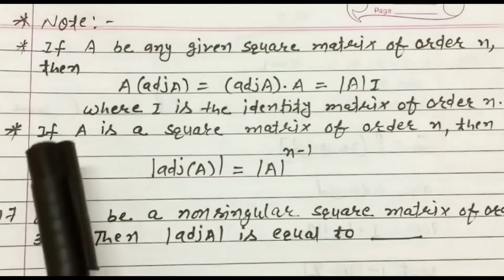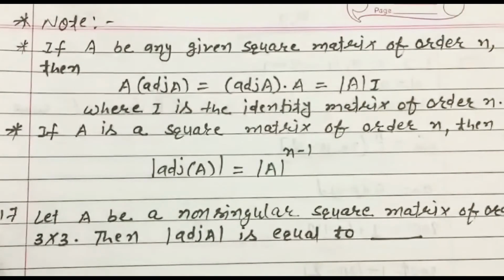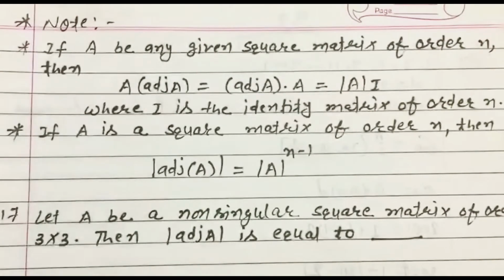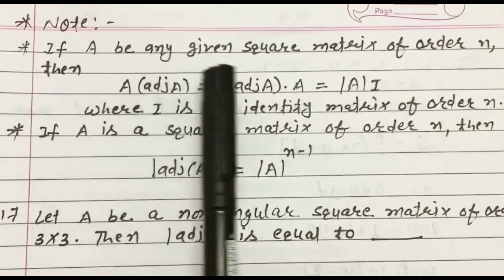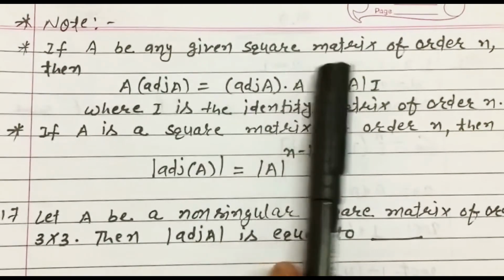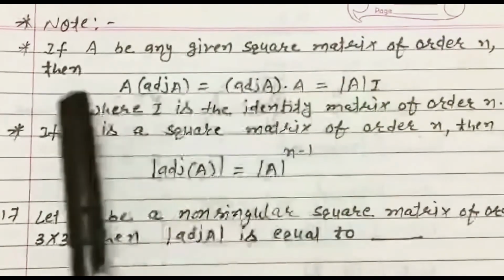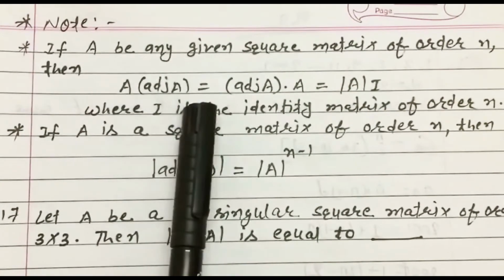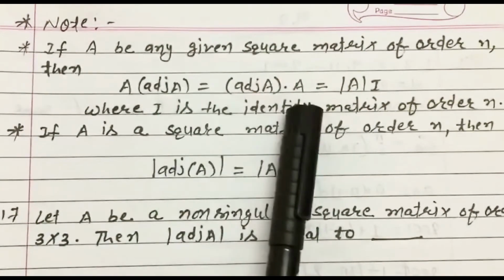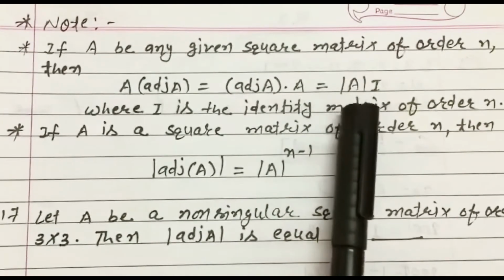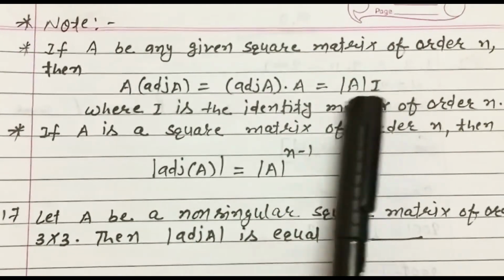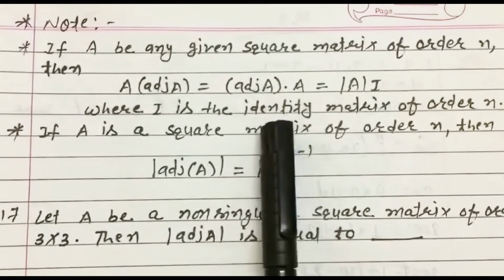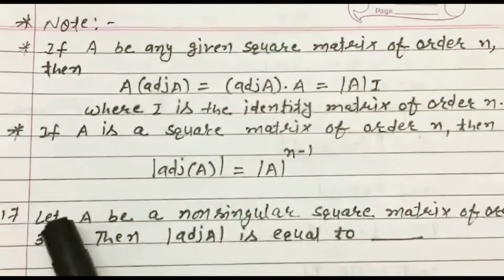Okay, there are some important notes related to adjoint of a matrix. So first is, if A is any given square matrix of order n, then A into adjoint of A is equal to adjoint of A into A is equal to determinant of A into I, where I is the identity matrix of order n.